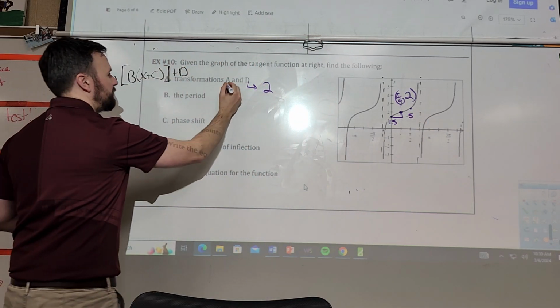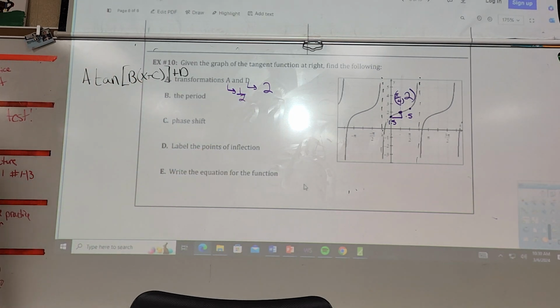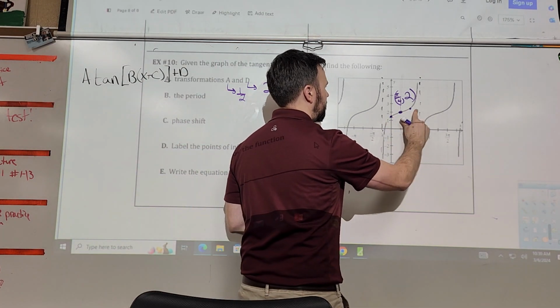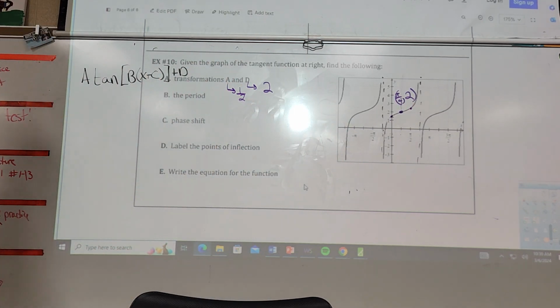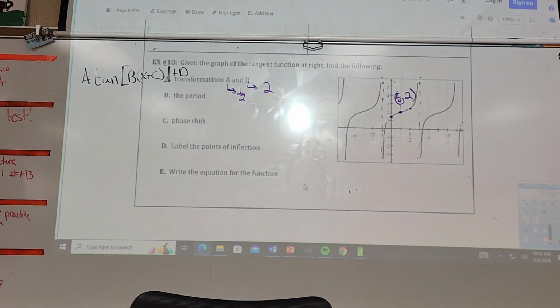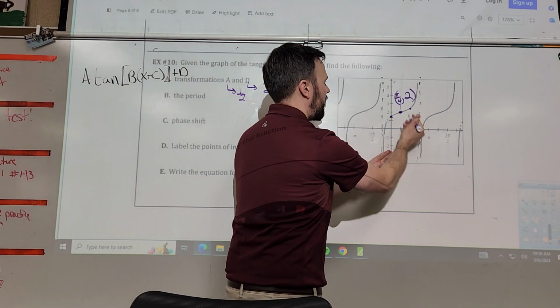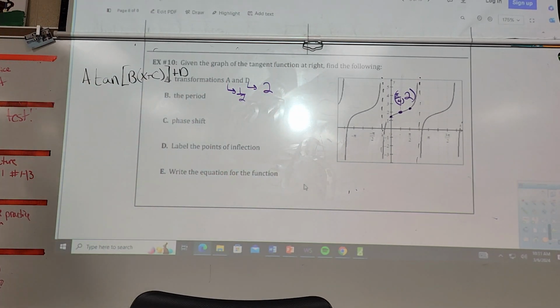So what's my A going to be? 1/2 or 0.5. I went down 0.5, up 0.5. It's always halfway. You cut those in half between your asymptote band. Remember, you cut in half and then cut in half again. You quarter it up.